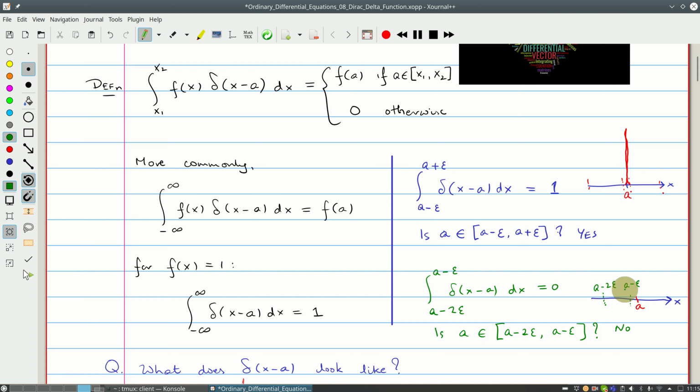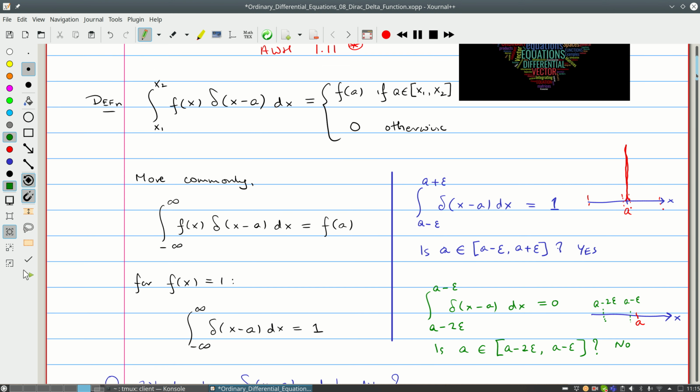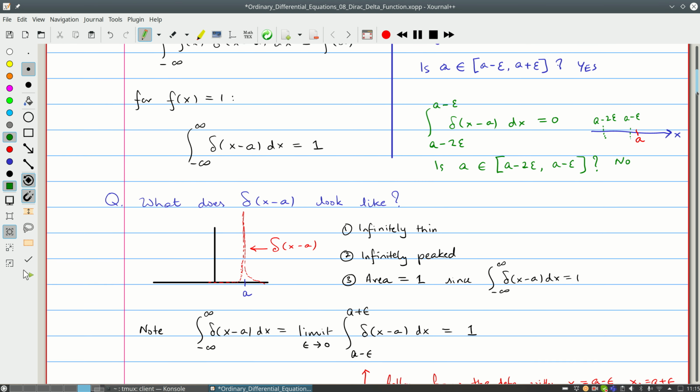Now as epsilon goes to 0, these 2 points start to approach a, but they never include a. They can get very, very close to a, and I will still get a 0. And you can do the same for a plus epsilon and a plus 2 epsilon. You will still exclude a and you will get a 0. This Dirac delta is concentrated at a and only at a. Okay, so that's our little analysis of what this thing looks like.